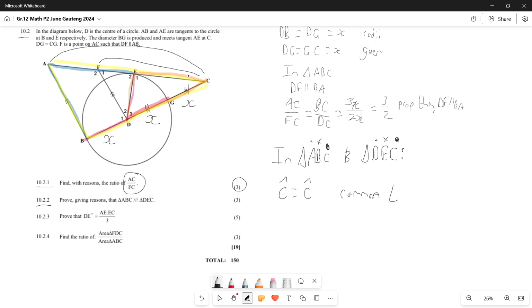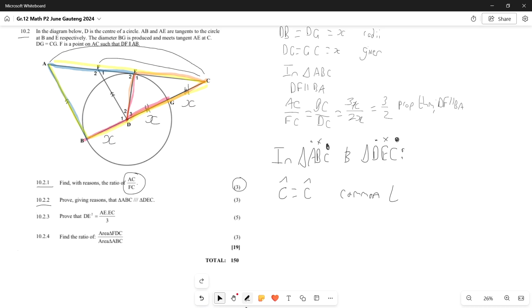So DEC, what do we have here, is an angle like that. And ABC is an angle like this, okay? And right now we have a lot of colors in our triangle, but something to keep in mind is that we've used the diameter or the radii already. We can potentially use that again, but what's very important is always looking for any places where a tangent meets a radius, for example.